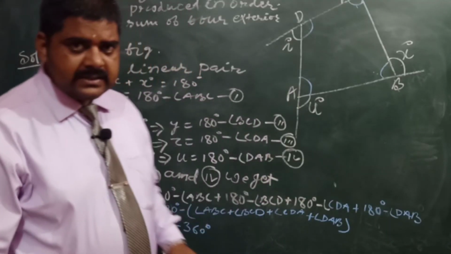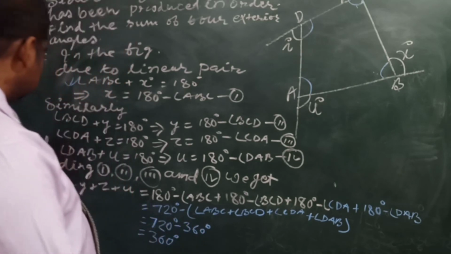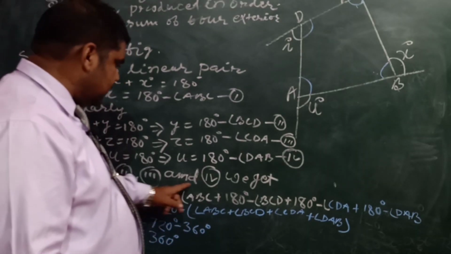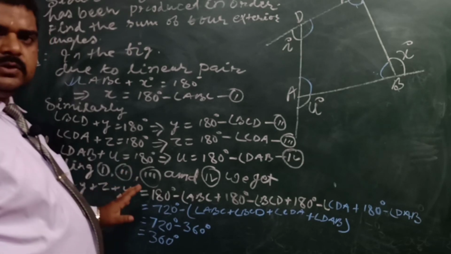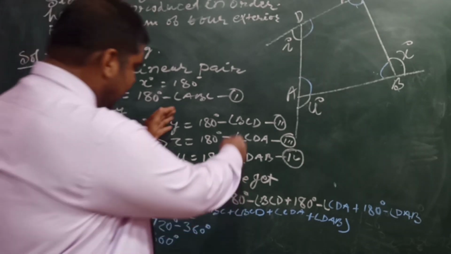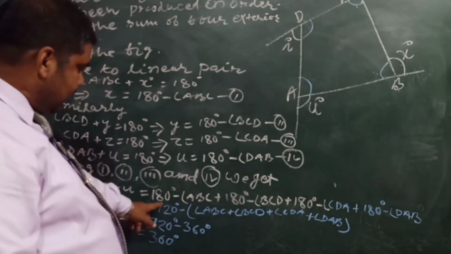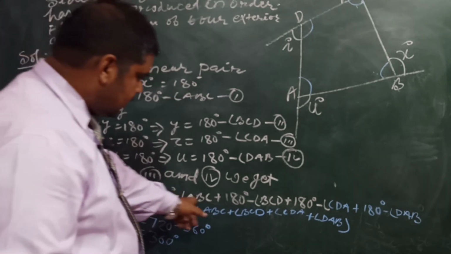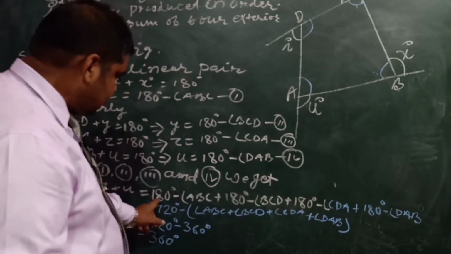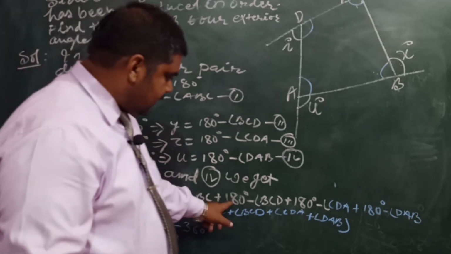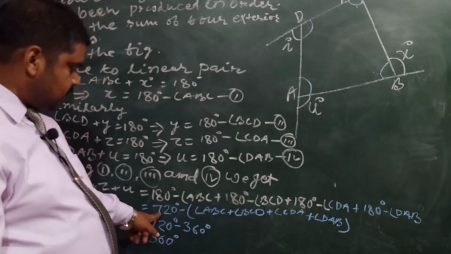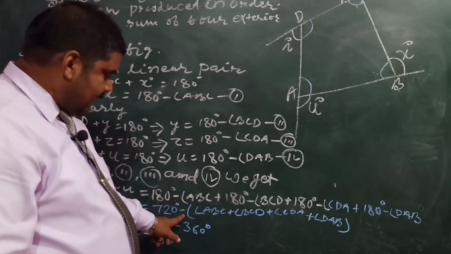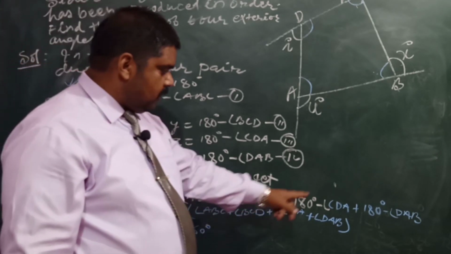Now by adding the first, second, third and fourth, we get x plus y plus z plus u equal to 180 plus 180 plus 180 plus 180, which is equal to 720, and you take the minus as common, and the sum of these four angles.